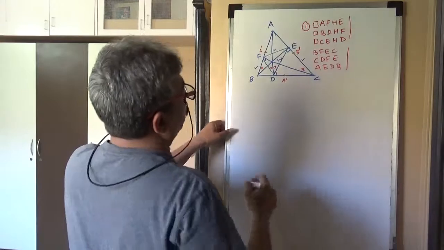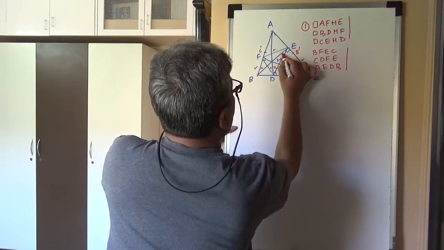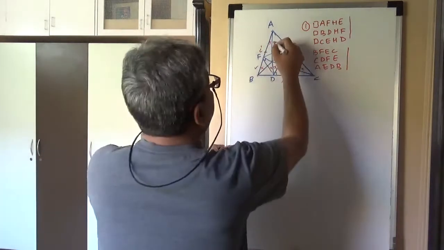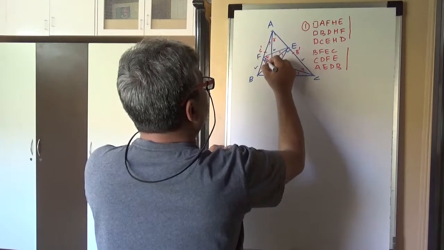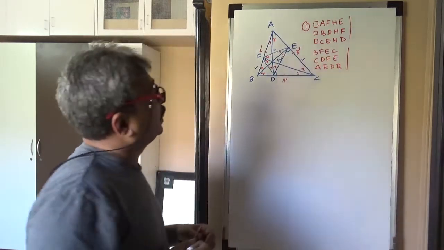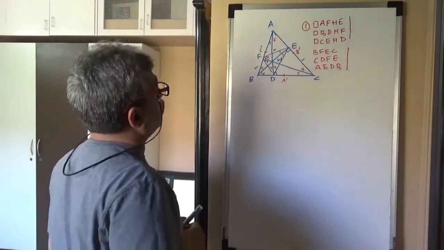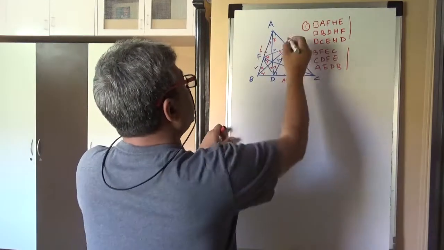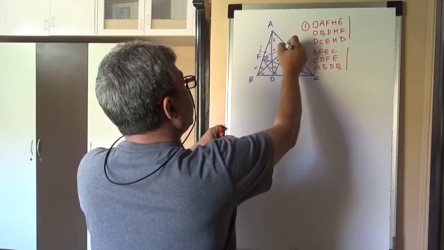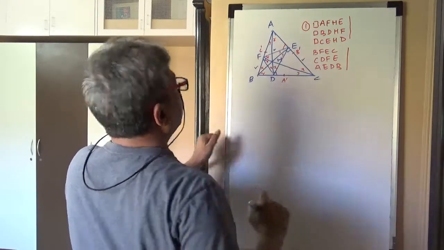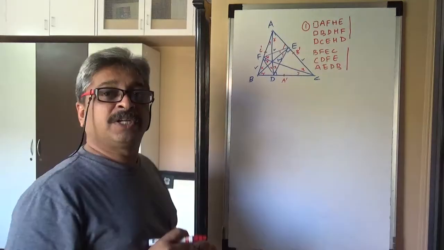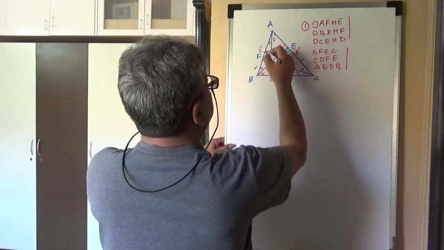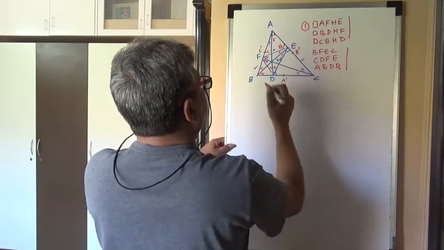So if it is true for this, then Y and Y, we can easily prove that these four angles are also equal, then these four angles are also equal, they are equal to Z. So there are many angles which are equal. Now if we consider quadrilateral BFEC, then this angle happens to be the exterior angle of that cyclic quadrilateral, which is supposed to be equal to the remote opposite interior angle, and therefore this angle happens to be B, this angle happens to be C, and this is anyway angle A, right?